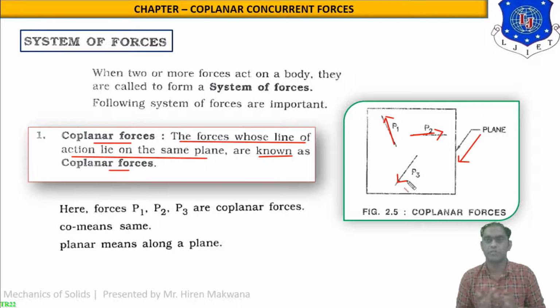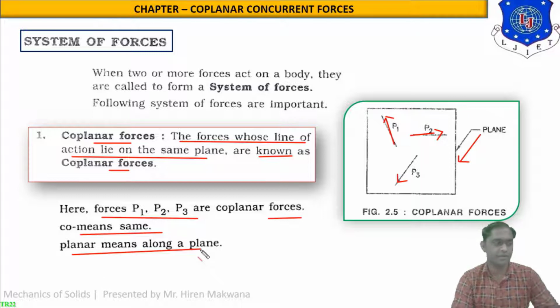So line of action of all three forces are lying in the single plane, then they are known as coplanar forces. Here you can see forces P1, P2, P3 are coplanar forces. Co means same and planar means along the plane. So it is final that co means same and planar means along the same plane.